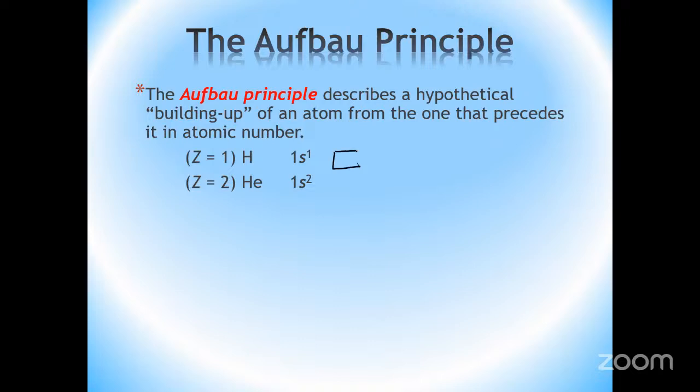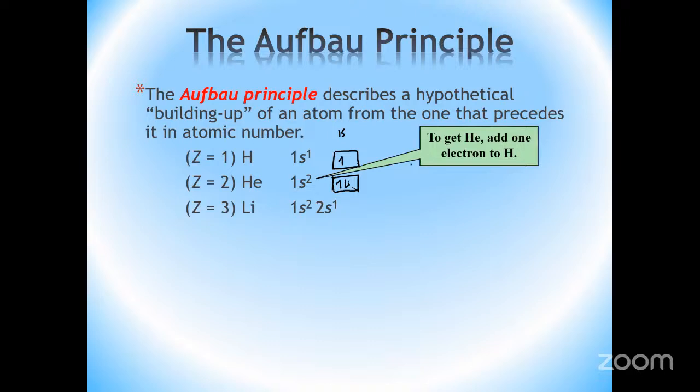So this is the 1s orbital. I'm just going to put 1s here. So this is hydrogen. In the case of helium, there are 2 electrons, so one will be spinning up and one will be spinning down. All right. And then the next element is lithium. Now, to get from helium to lithium, we have to add 1 electron.